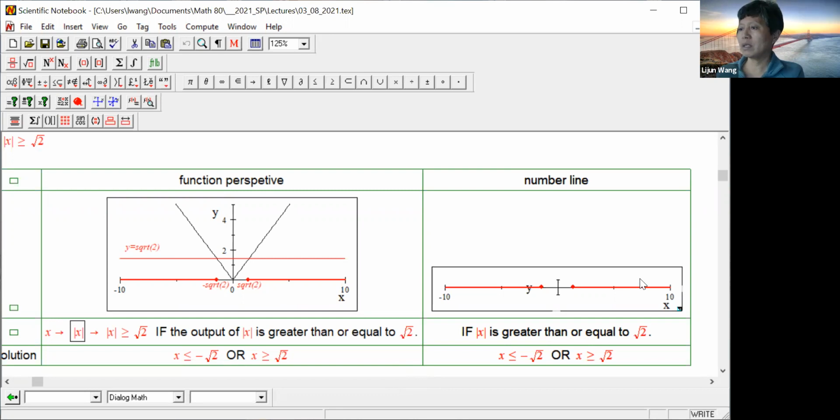This way might be something you have learned before, and this is a new perspective from the functions perspective. I want to introduce this perspective because we'll be using this later. Any questions? Greater than, equal to, greater than or equal to?